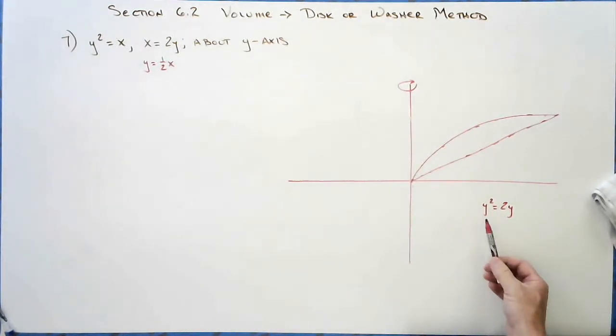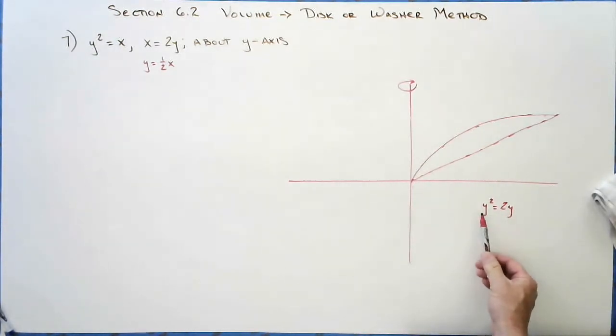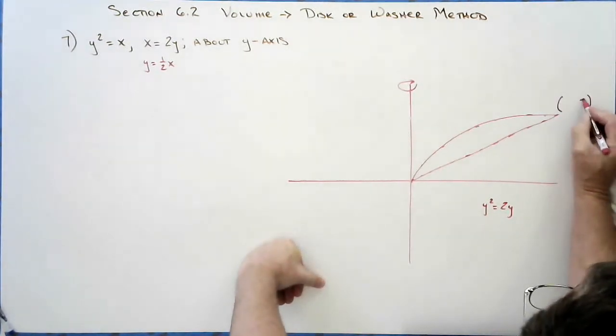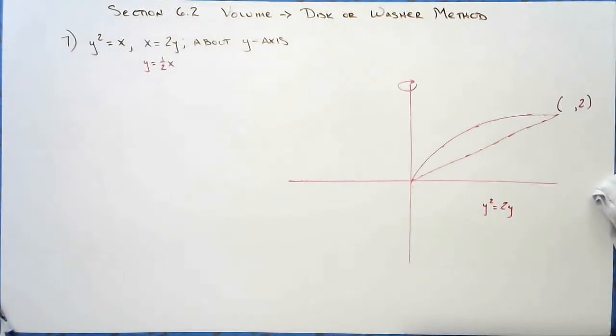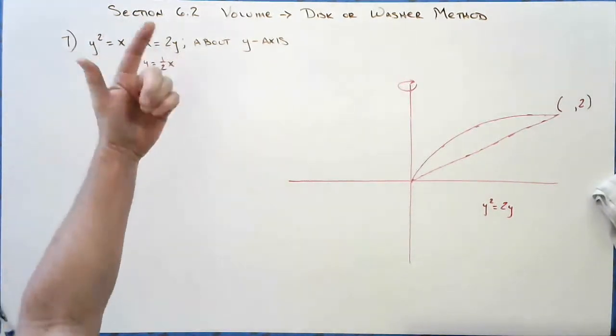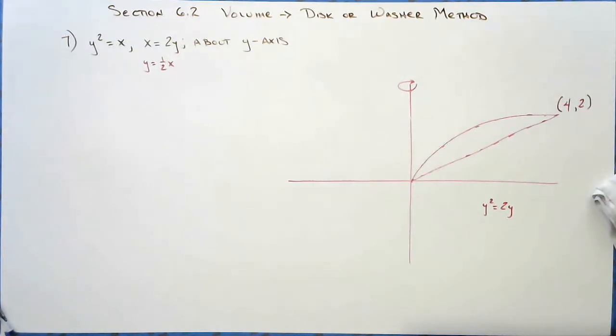The only way is if the number itself is 2, because then 2 squared is on this side and 2 squared is on this side, which means the y value is going to be 2. So the x value is going to be 2 squared, or 4. So that's our point of intersection, 4, 2.